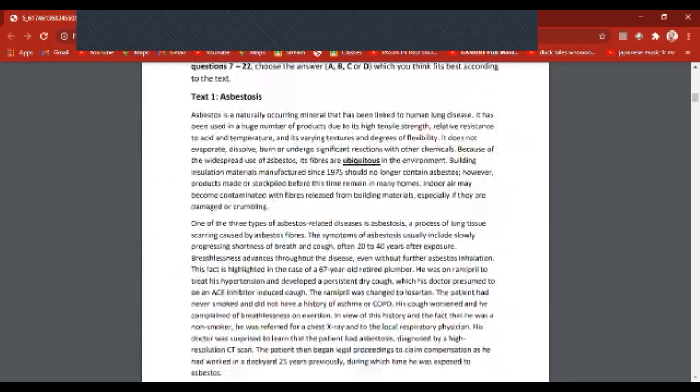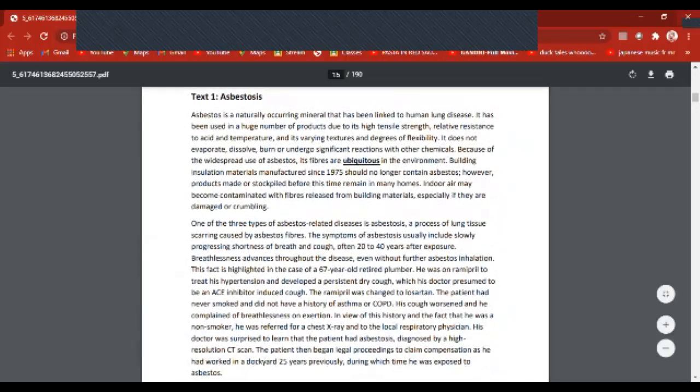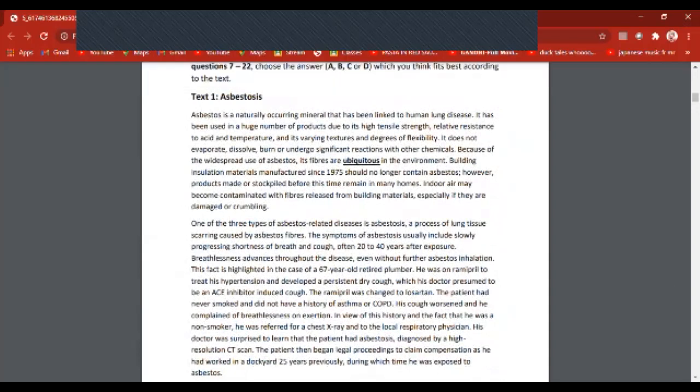Okay, here. Asbestosis is a naturally occurring mineral that has been linked to human lung disease. It has been used in a huge number of products due to its high tensile strength. So here we have an indication that it has been used in a huge number of products. This gives us an idea that it might be about extensive use.